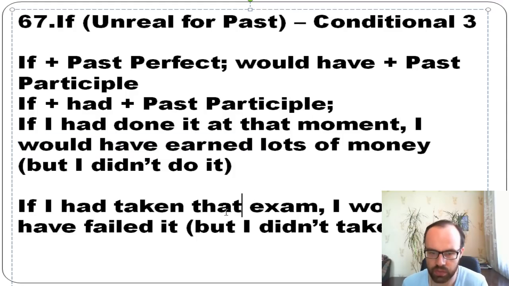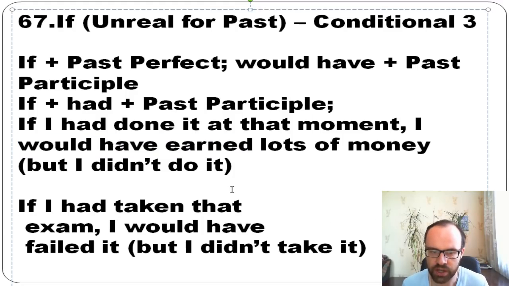And one more example. You see, if I had taken that exam, I would have failed it. I had taken, had plus past participle, and would have plus past participle. But in fact, I didn't take that exam, and I didn't fail it.